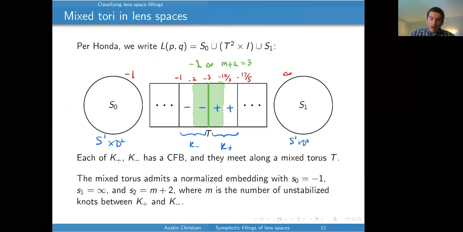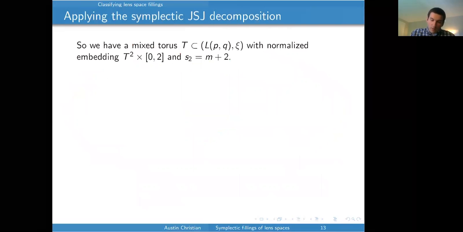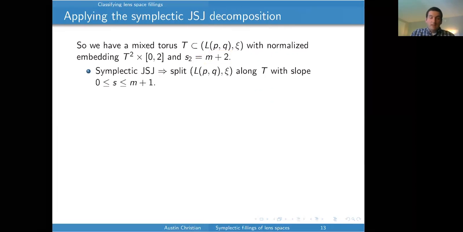Okay, so now the consequences are pretty immediate. Let's run through them. We now have this mixed torus sitting inside of our lens space, and it has a normalized embedding with S2, this free slope, equal to m plus 2, the number of unstabilized knots plus 2. Symplectic JSJ then tells us we should split that lens space along T with slope S between 0 and m plus 1.